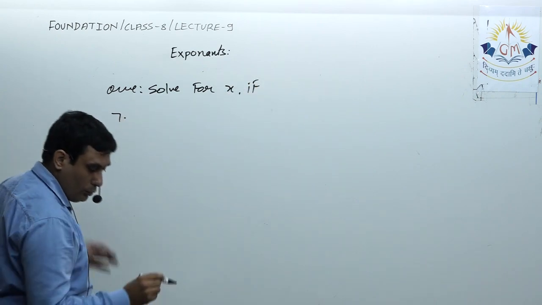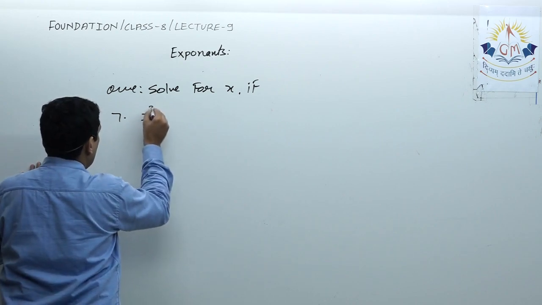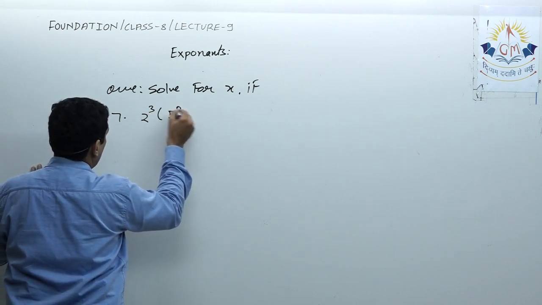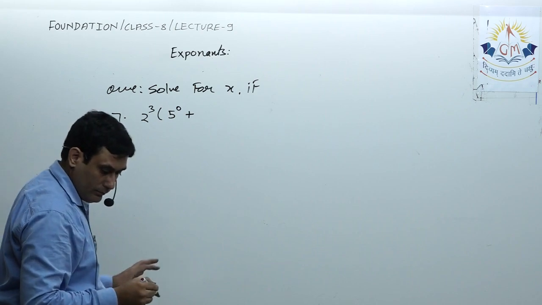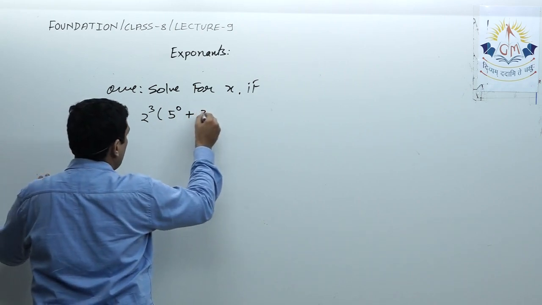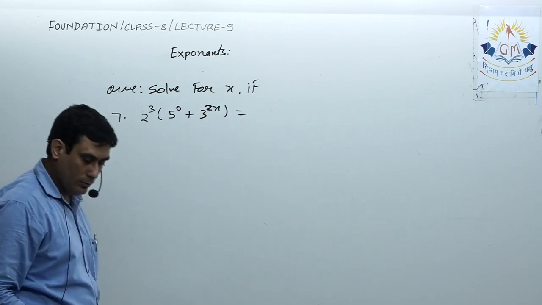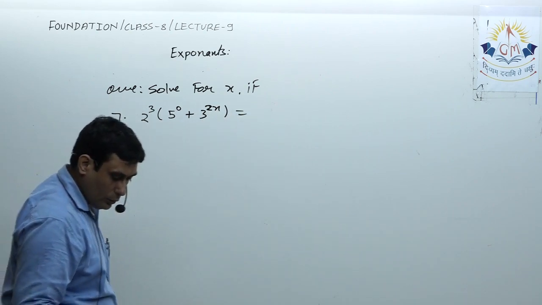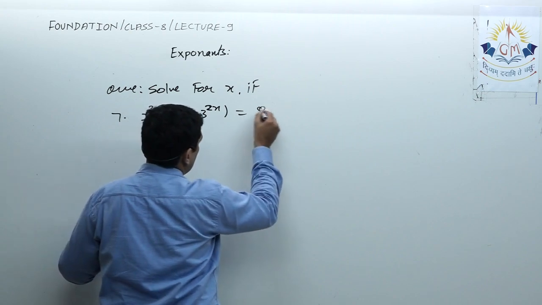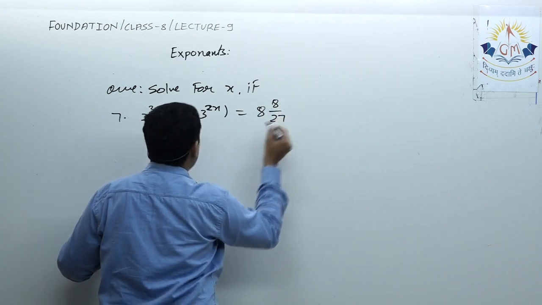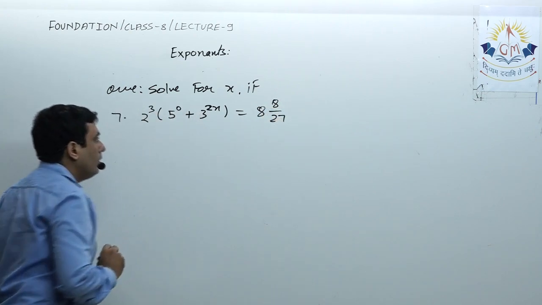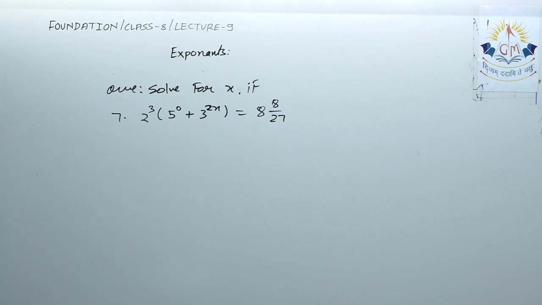It says 2 cube 5 raised to 0 plus 3 raised to 2x is equal to 8 integer 8 upon 27. Think for a while about how you will solve this, then I will give you its solution.